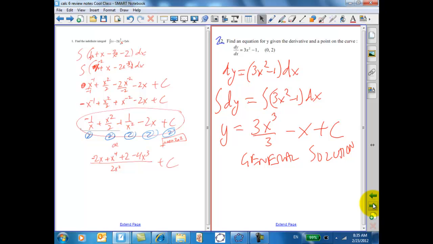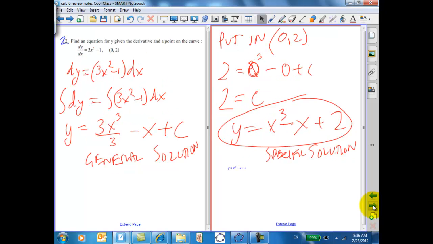But that's not necessary. As long as you show me you're taking the antiderivative of both sides, this is 3x squared minus 1. Don't forget the minus 1 actually becomes an x, plus the constant, that's the general solution. Now you can put in 0, 2 to come up with that constant. Okay?